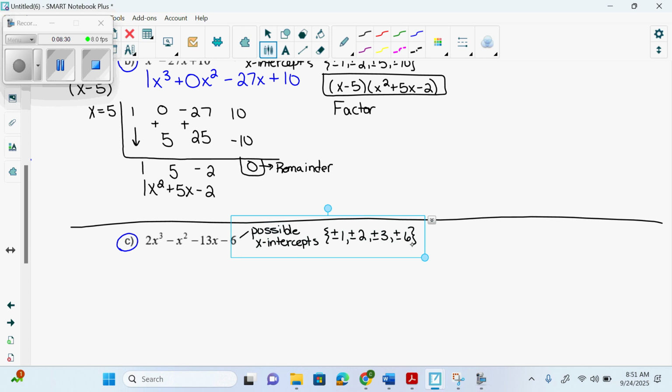Yeah? Putting on my calculator, I'd try 1, then I would try negative 1, then I would try 3, or 2, negative 2, 3, negative 3, till I got a remainder of 0. Because I can use my calculator, what's one that works? Does anyone have one? 1? Negative 2?